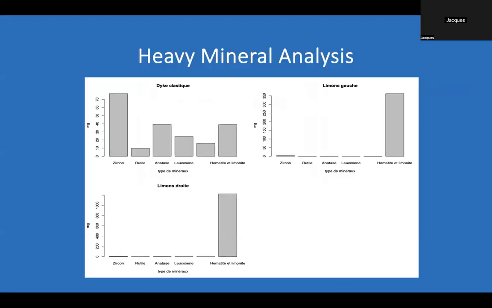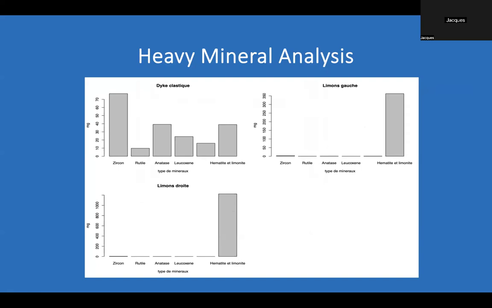And also, when we did heavy mineral analysis, we found that the two silt layers are quite the same, and there are many minerals composed of hematite and limonite. Those are very opaque heavy minerals, and they are usually the result of oxidation.